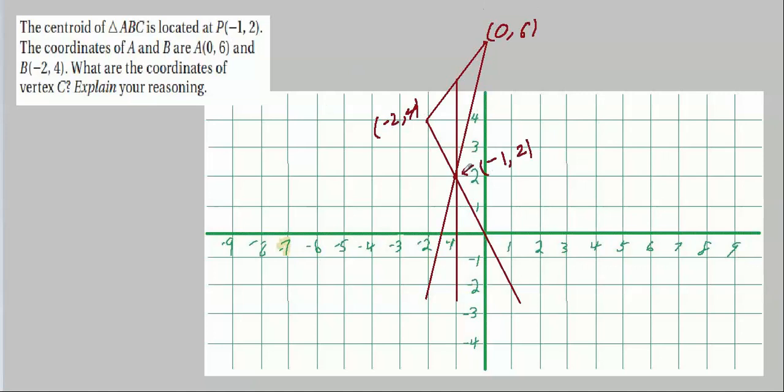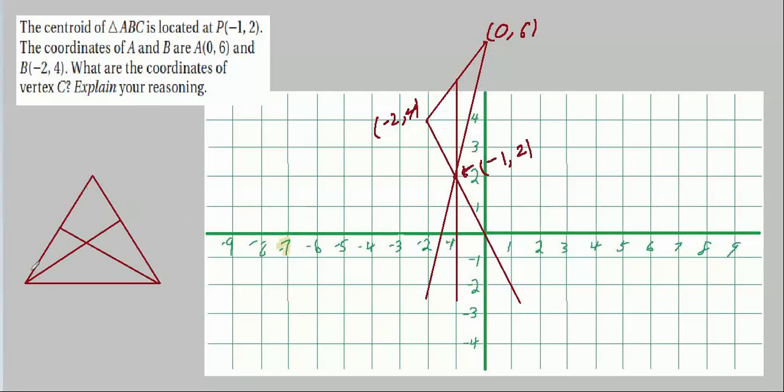So, what do we know about the point where the medians intersect? Well, that's what the centroid is. What's the median? Remember, that's the segment that goes from a vertex to the midpoint of the opposite side. Now I redrew a triangle with the medians over here, just to remind you what they are.